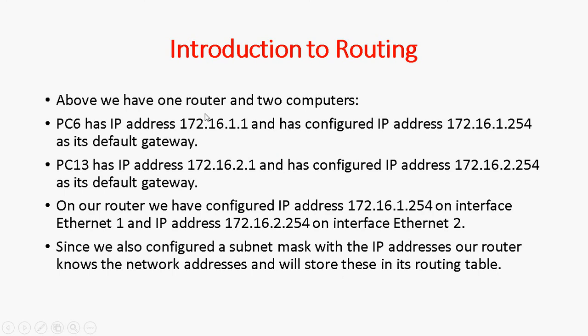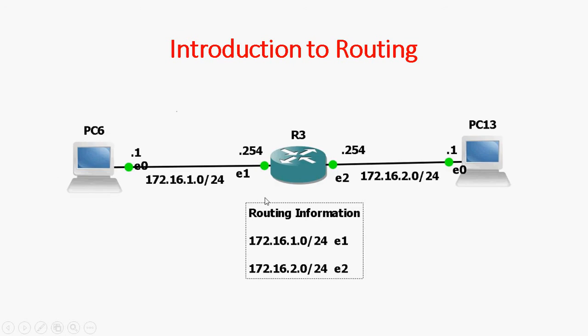Above we have one router and two computers. On PC6 I will assign the IP as 172.16.1.1, and I configure the gateway as 172.16.1.254. On PC13 I will assign the IP as 172.16.2.1, and I configure the gateway as 172.16.2.254. On our router we have configured the IP address 172.16.1.254 on the Ethernet 1 interface, and on Ethernet interface 2 I configured 172.16.2.254.